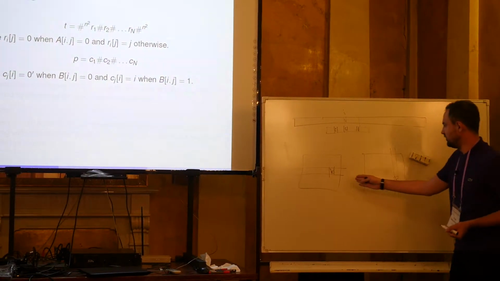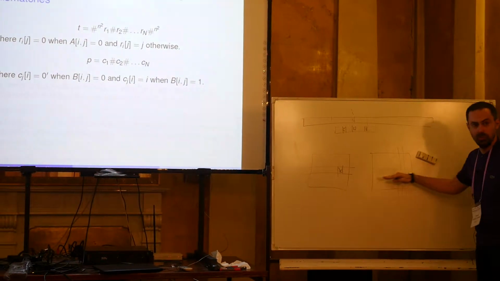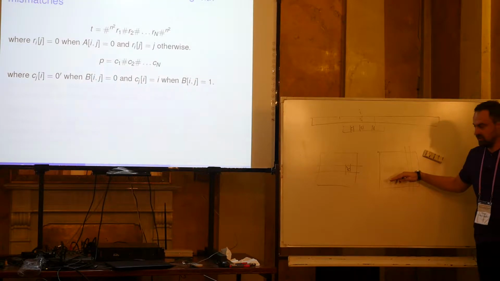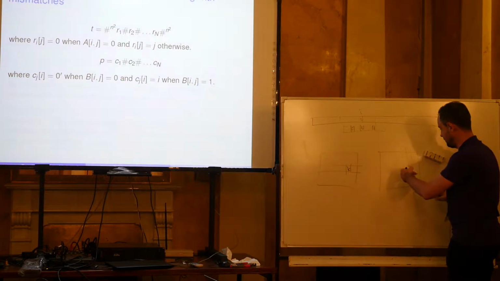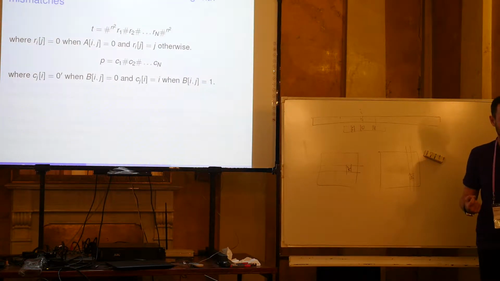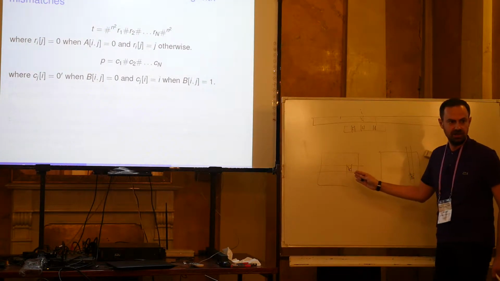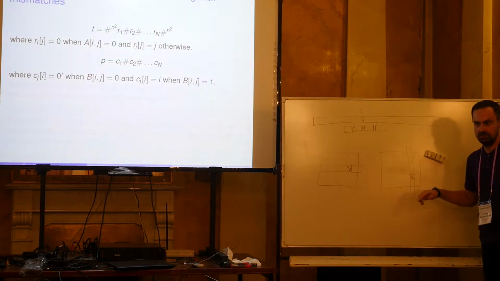But because here I put K in column K, and here I put K in row K, the only way I can get a match is if it's the same K, right? The same column and the same row here. Otherwise, I cannot get a match. Okay? Make sense? Because again, character K here occurs only in column K, and character K here occurs only in row K, nowhere else. Okay?